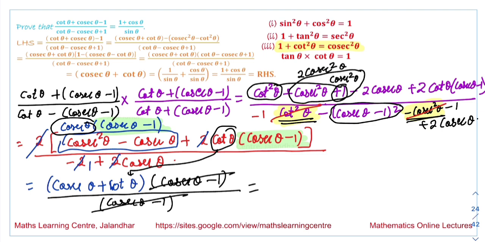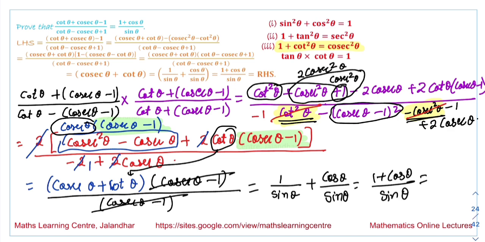Now we can write cosecant theta as 1 over sin theta and cot theta as cos theta over sin theta, and this is equal to 1 plus cos theta over sin theta, which is equal to RHS. So we have started with LHS, and the answer we are getting is equal to RHS, hence the proof.